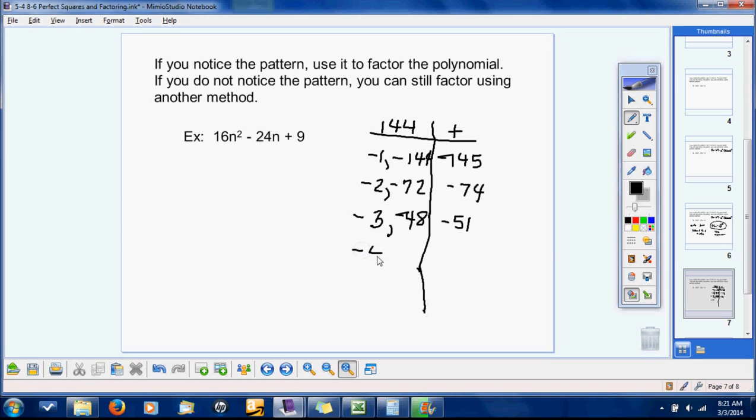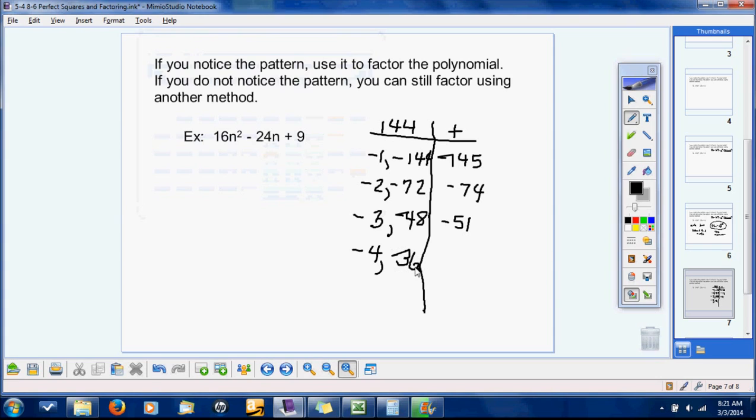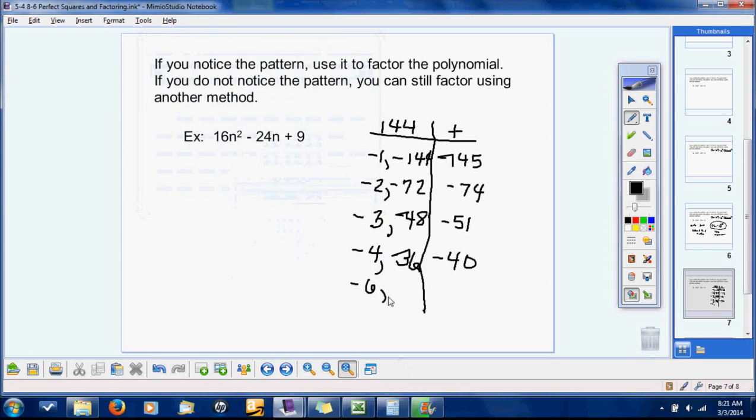Negative 4. We could take 144 divided by 4. Negative 36. That's still not it. Negative 6. It's 24. Still not quite there.